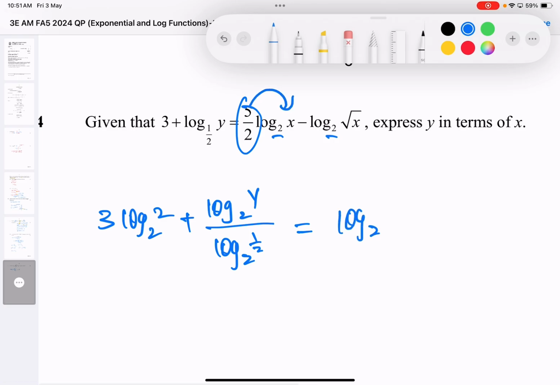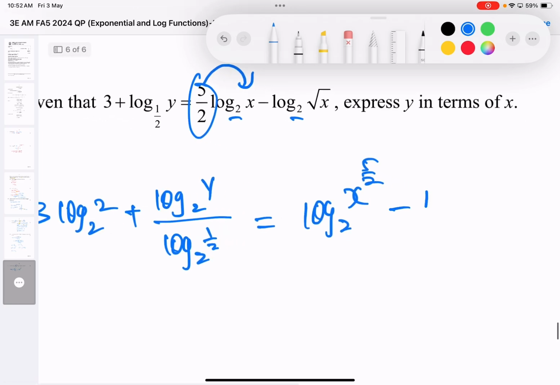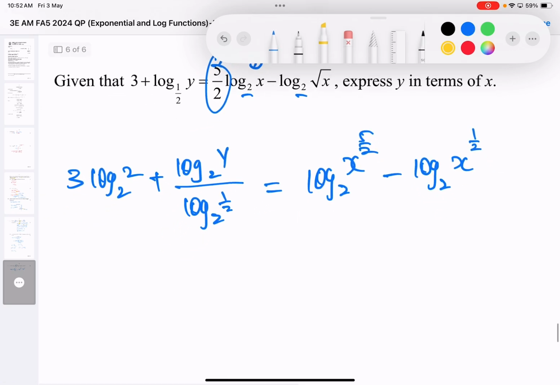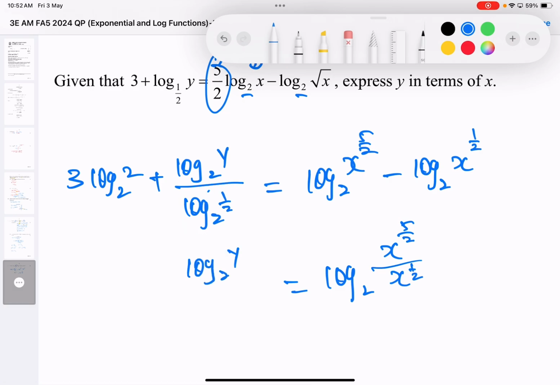I can write this as log base 2 x to the power of 5 over 2 minus log base 2 x to the power of half. I write it as my index. Minus means what? Yes, that's good. Minus means I divide x to the power of 5 over 2 divide by x to the power of half. Here, this base over here, log 2y, can be written as log 2.